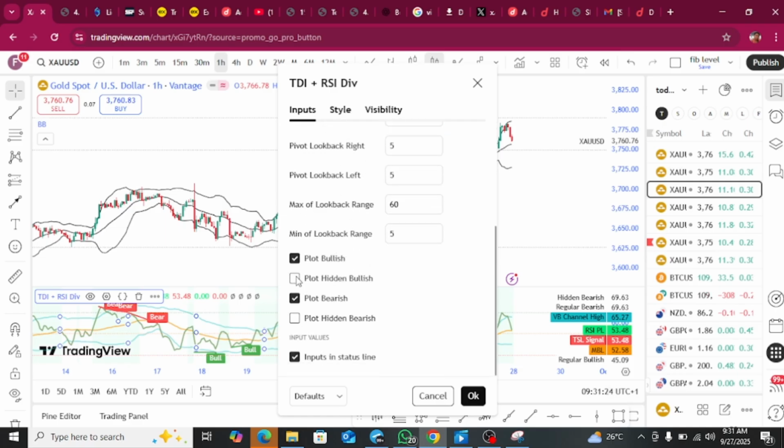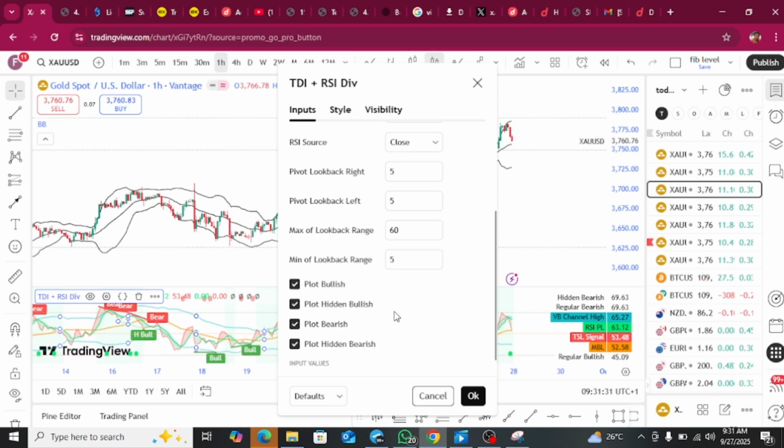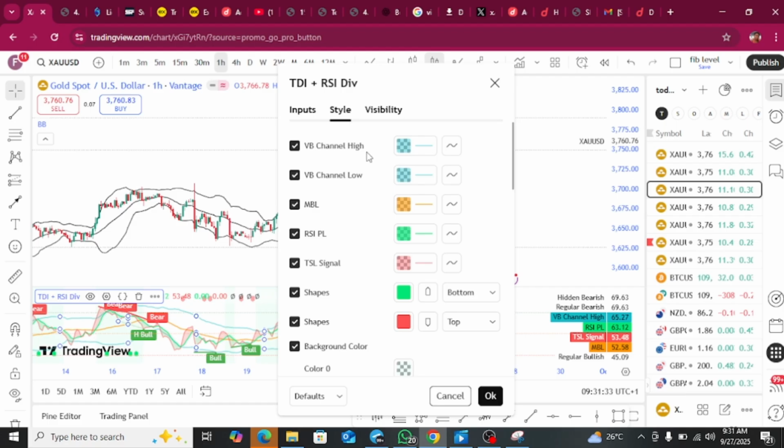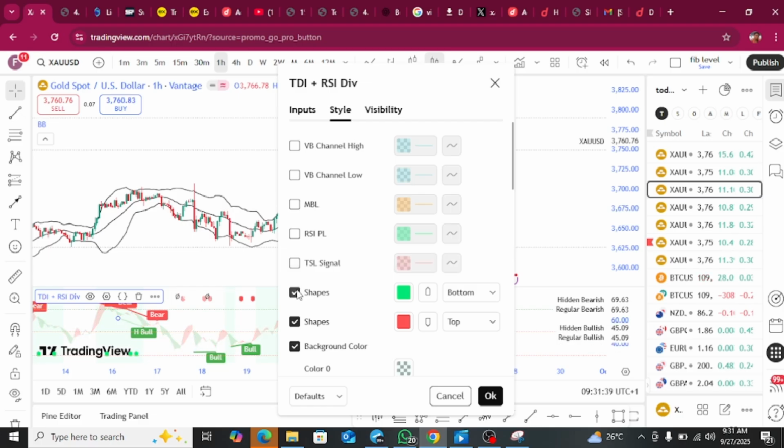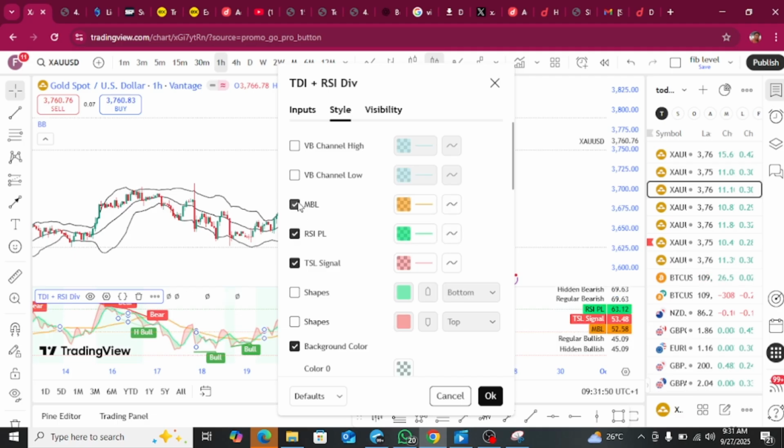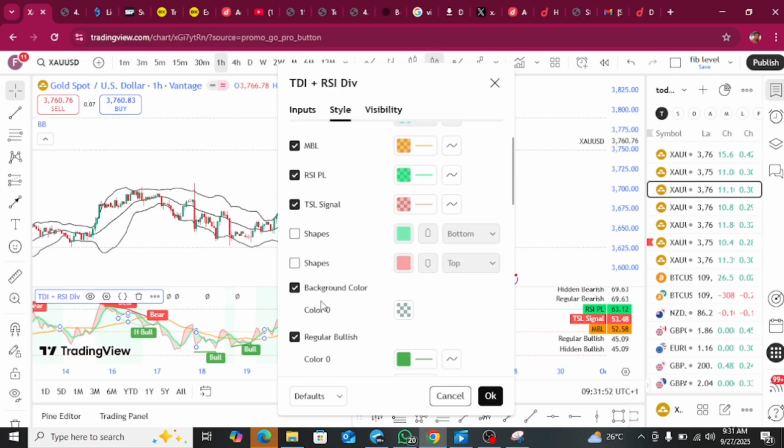Then I'll highlight this: plot hidden bullish engulfing, plot hidden bearish engulfing. I already understand that you guys understand divergence. Then I'll remove all this, I don't need them. Okay, so I'll remove all that.